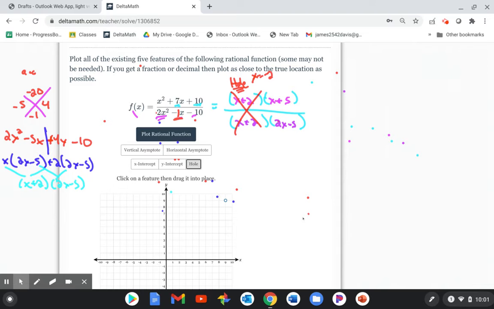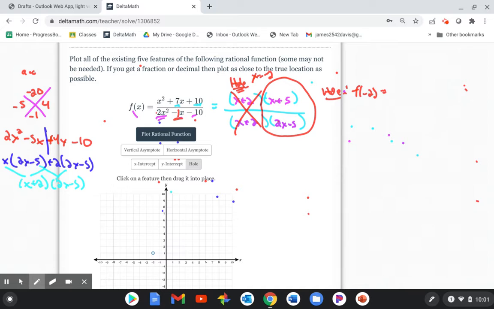X equals negative 2. Oh, before we plot it, you can't just assume it's going to be at, here's our hole here, negative 2, and then there's 0 on the y. We do need to get a y coordinate. So to get that hole then, we got to do f of negative 2. And when we plug it in, we can just plug it into this part here.